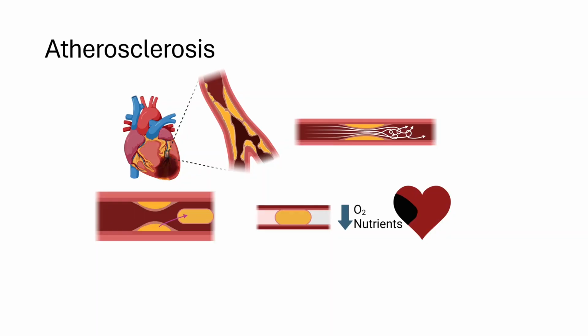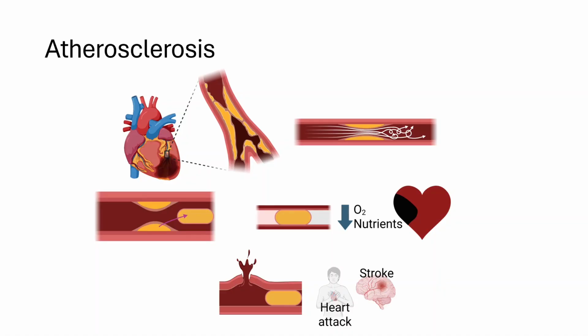And what this causes is the organs that this blood vessel is feeding don't get their necessary supply of oxygen and nutrients, and then they die. And or we get the bursting of the blood vessel behind the plaque because of the buildup of pressure. And that causes heart attacks in the heart, strokes in the brain, and pulmonary emboli in the lungs, which are some of the main age-related causes of death.